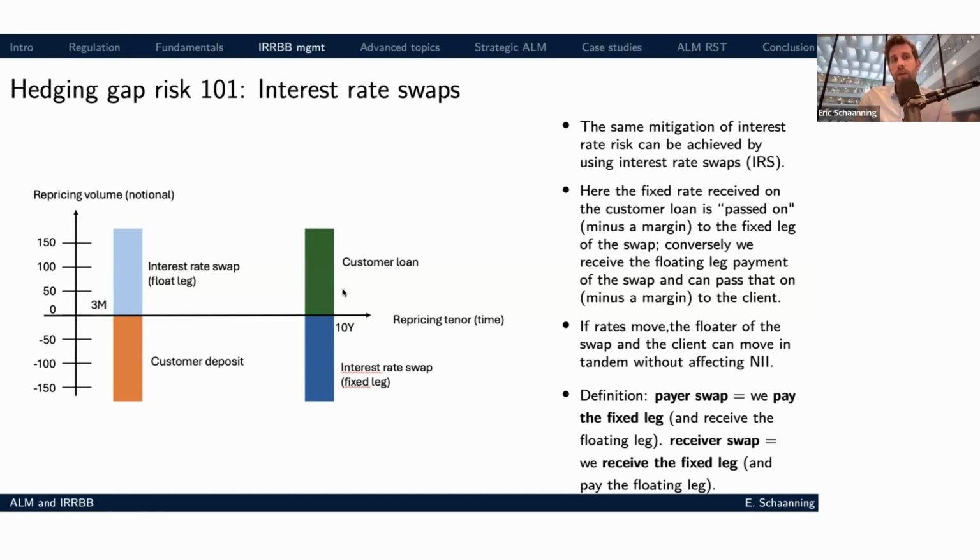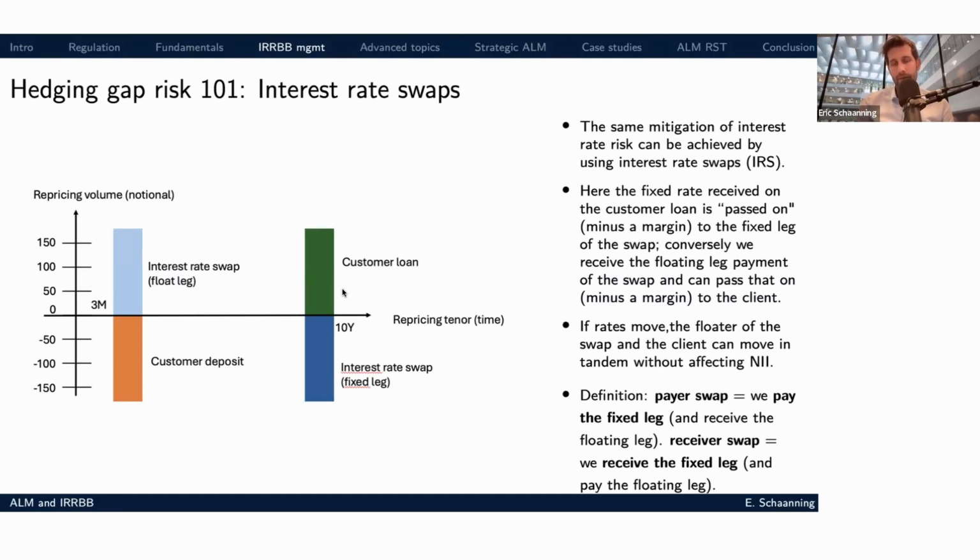The customer loan, we've given the customer 175 million in cash as a loan. The interest rate swap at inception has a notional value of 175 million, but the market value of that is zero. Because at inception, you have the yield curve and an anticipation of how rates are likely to evolve, which gives you the floating leg.